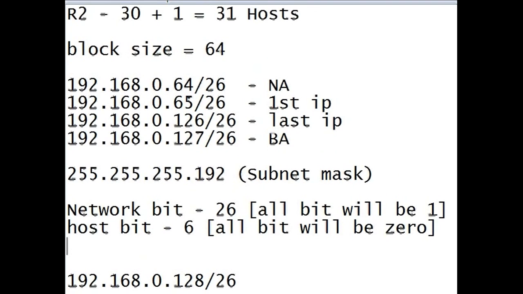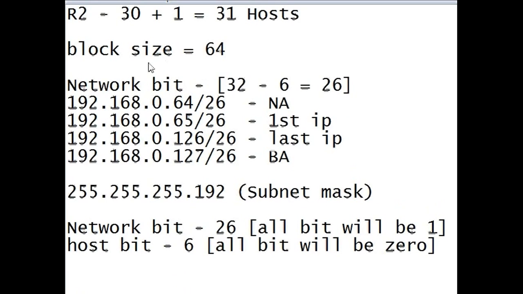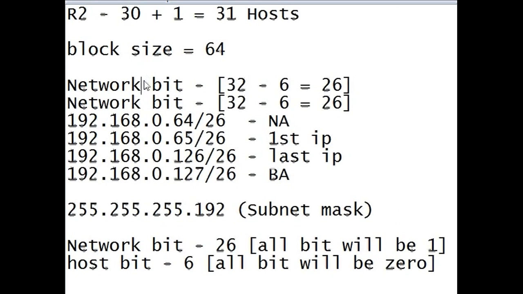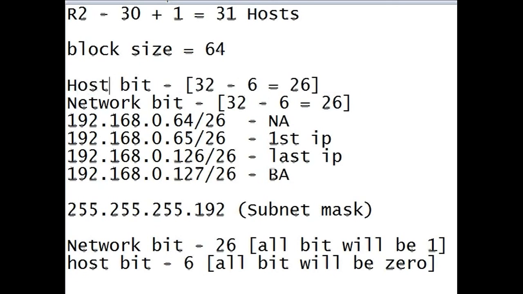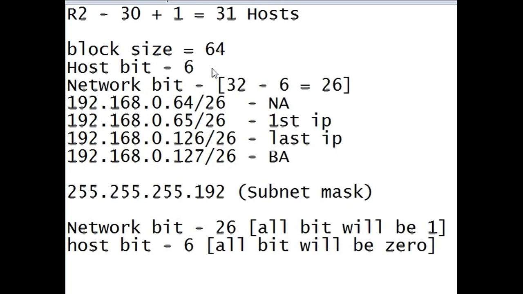Initially from the requirement we calculated that the block size is 64, so the host bit is 6 and the network bit is 26, and the same way we need to go for borrowing the bits.